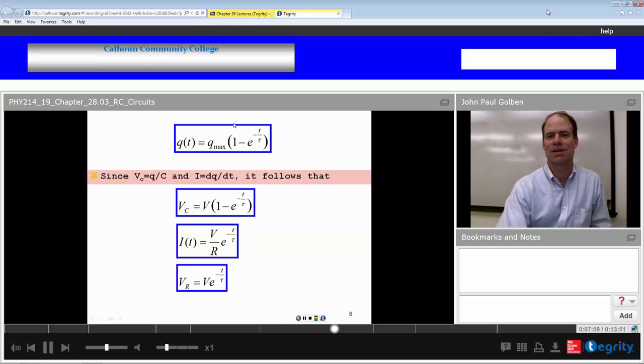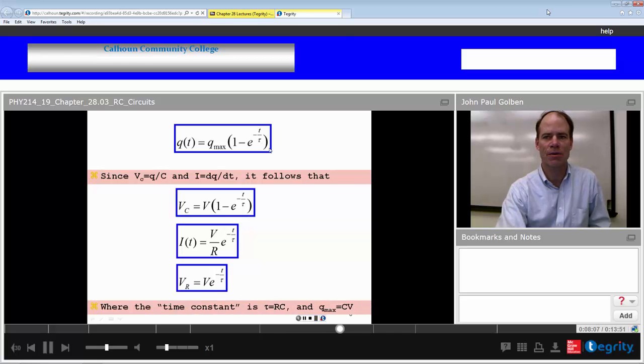Note that if I go back to this charging equation up top, if I go a time equal to a tau, which is RC, then I'll have e to the negative 1, which is 0.368, and in the parentheses I'll have 1 minus 0.368, which is 0.632.